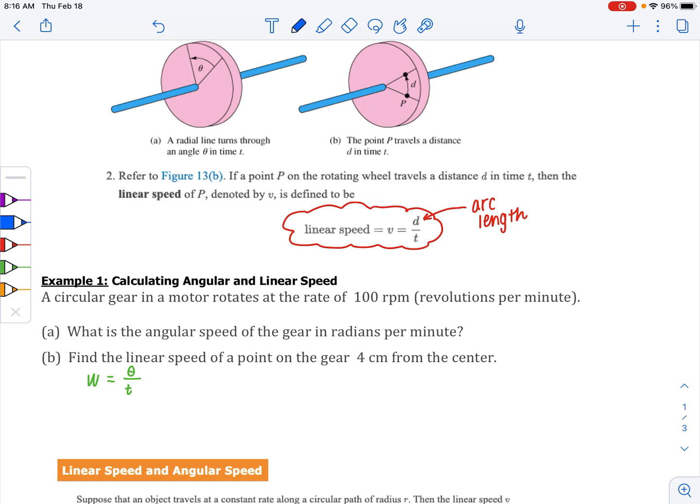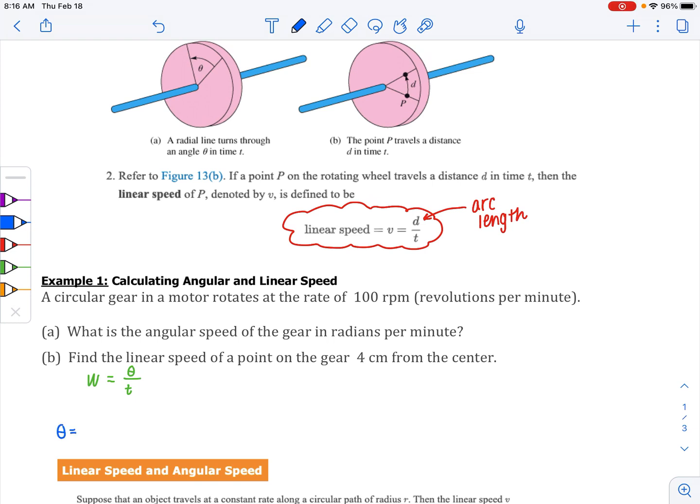Well, we know each revolution, a full circle, is 360 degrees. And from our day 1 and 2, we know 360 degrees is really 2 pi. So I'm going to do a little over here.